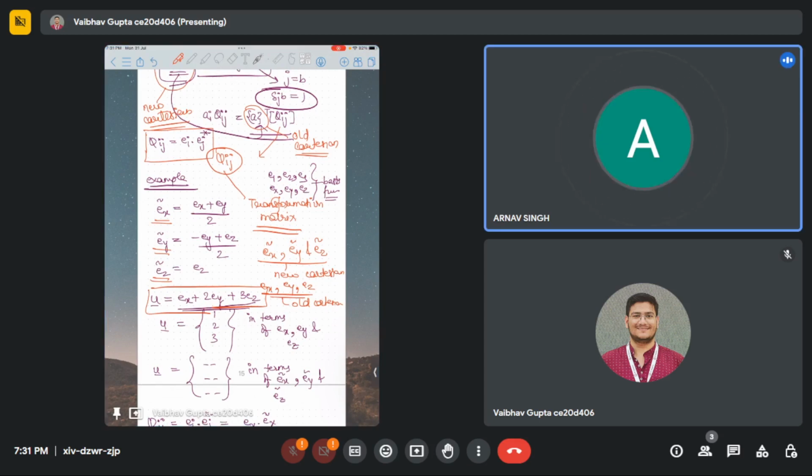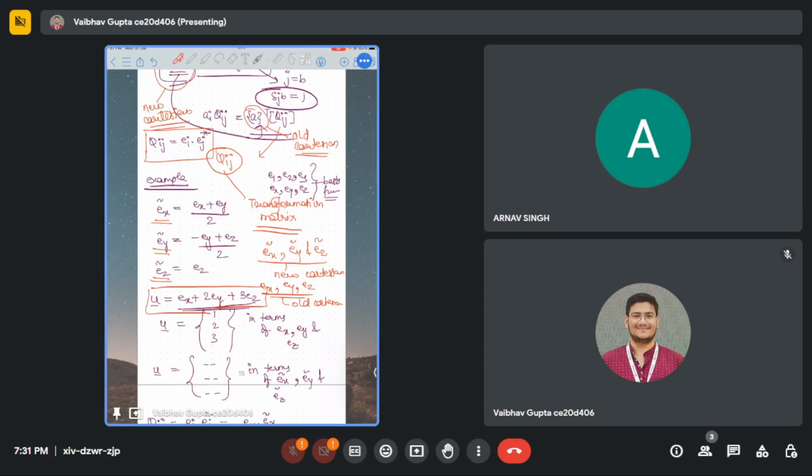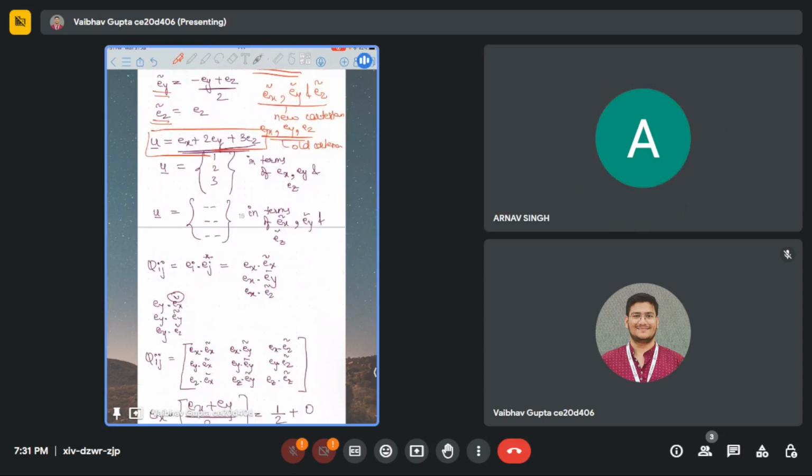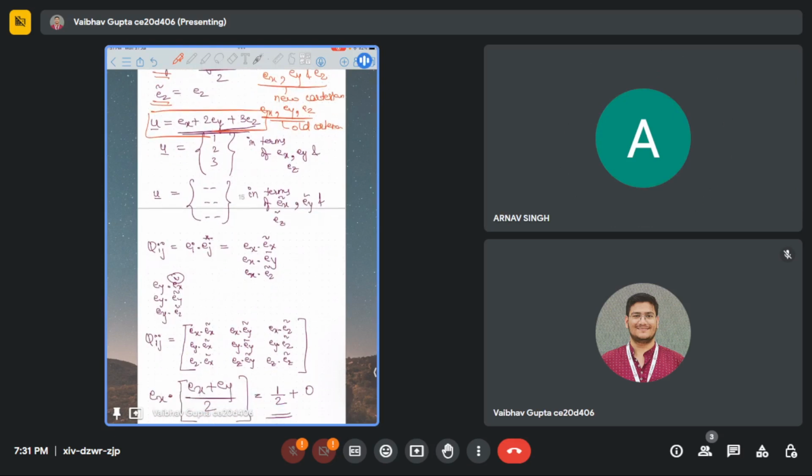Are you getting the point now? So how to get the new version of the u vector from the old version? We need to calculate this transformation matrix.